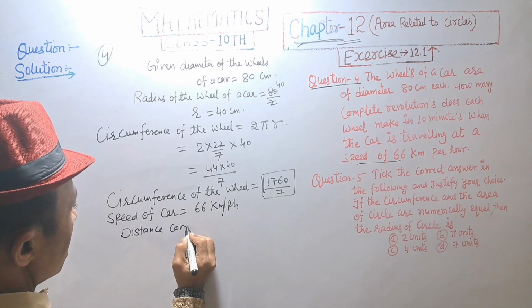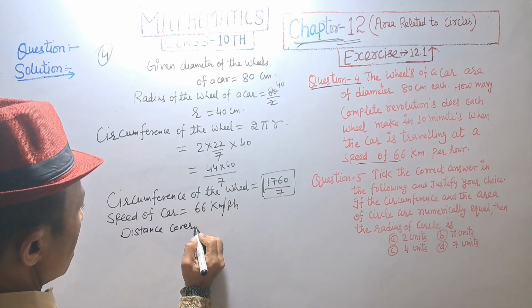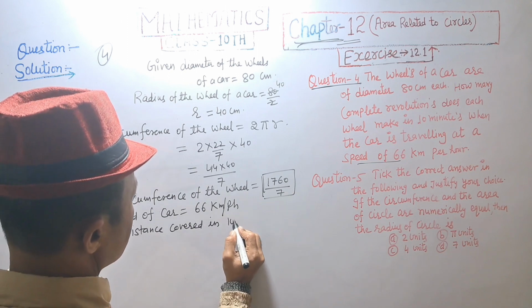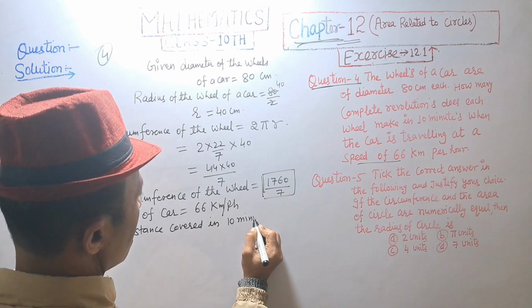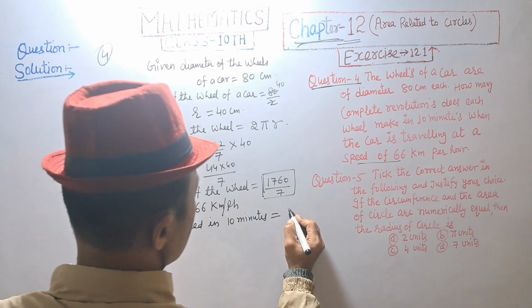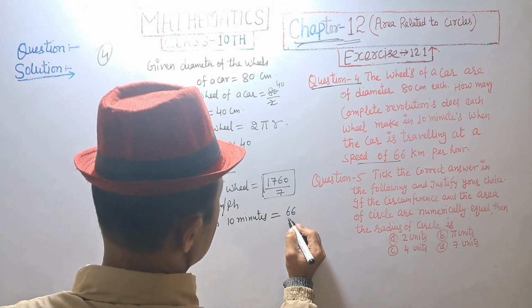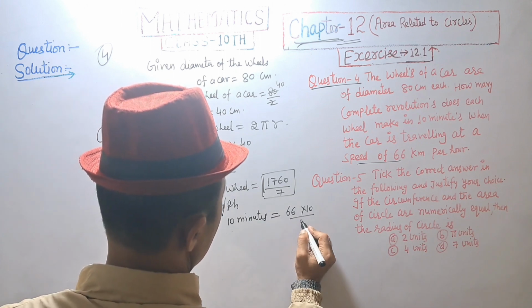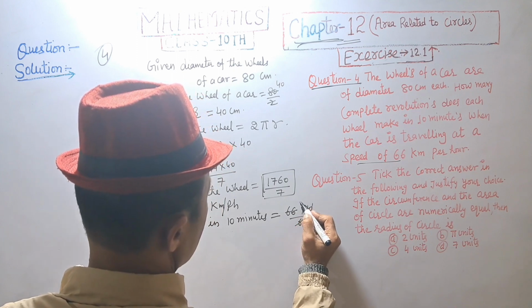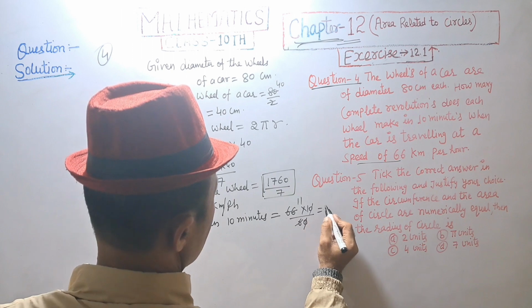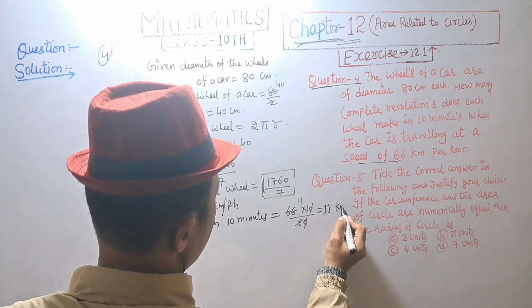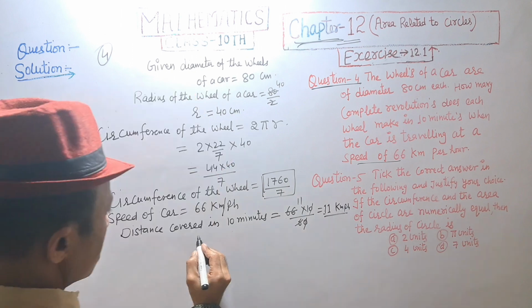Distance covered in 10 minutes, that is 66 into 10 upon 60, that is 11 kilometer per hour.